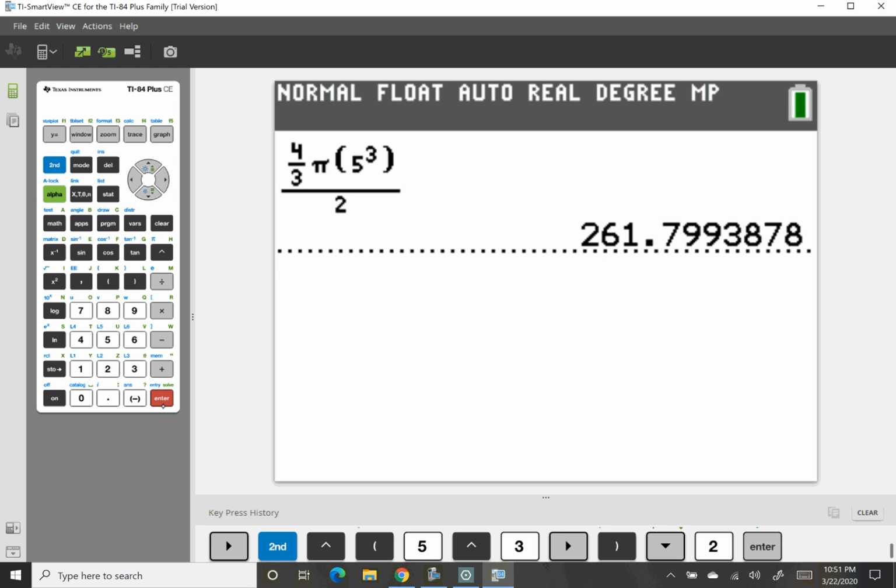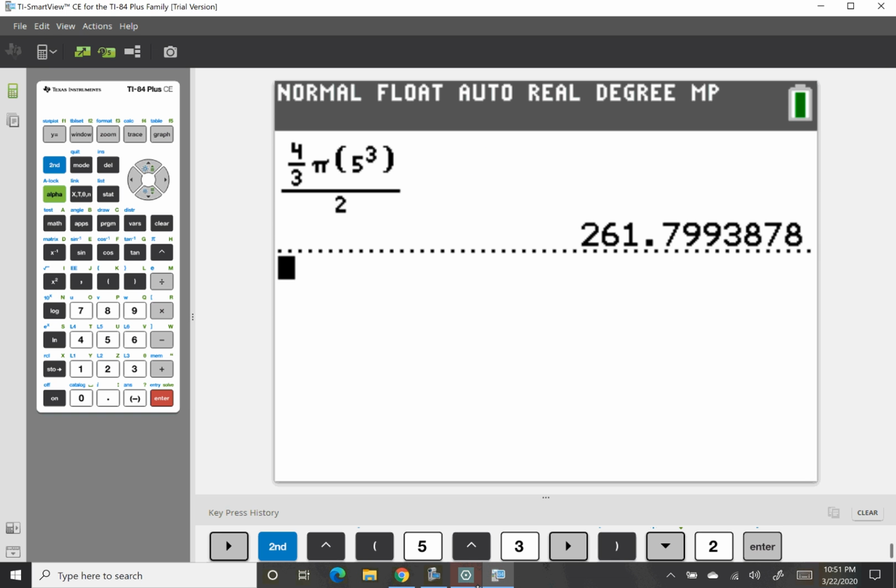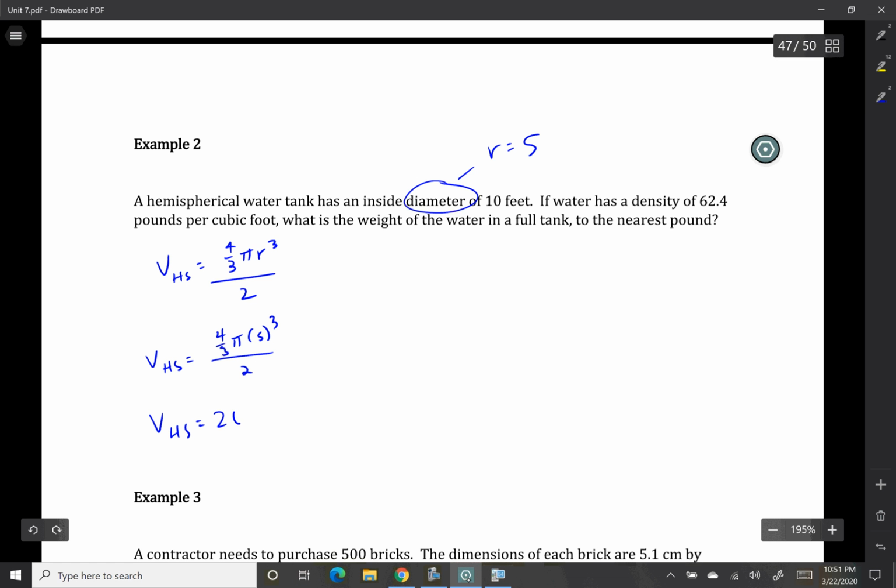So we have 261.799. So the volume of this hemisphere is 261.799. Not my answer, so I don't want to round it yet. Now, we know the water density is 62.4, so density is equal to mass divided by volume. The density we know is 62.4.